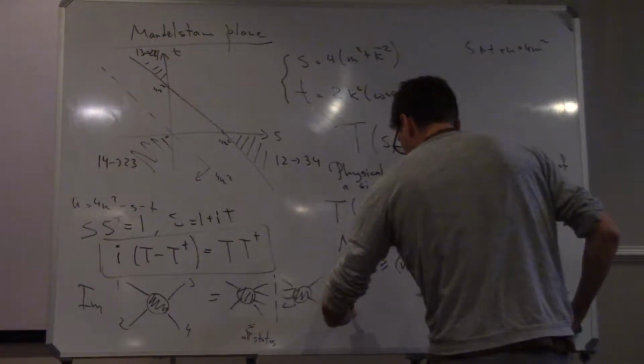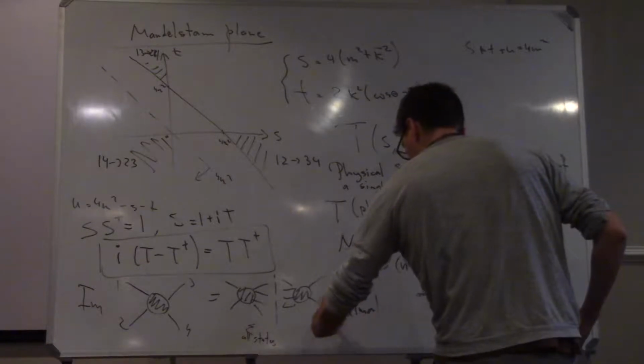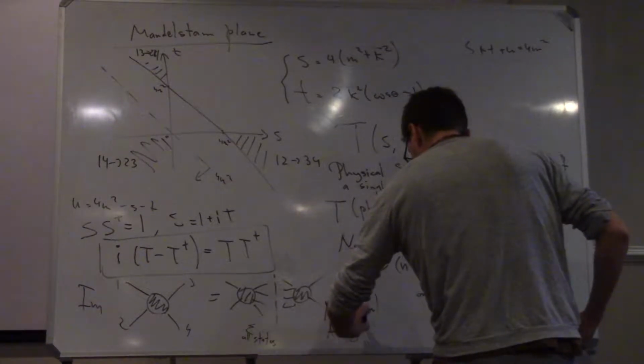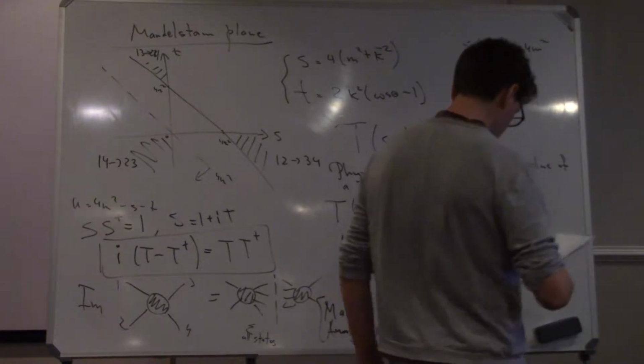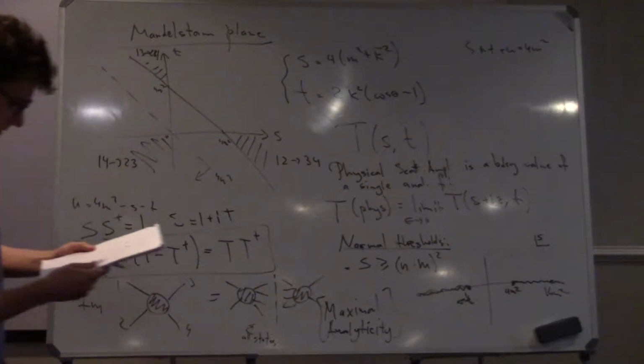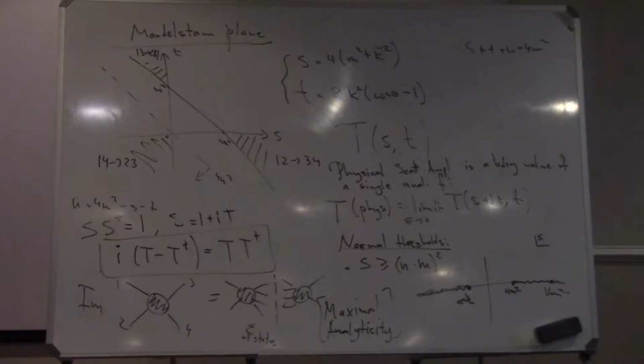So maximal analyticity tells you that the minimal singularities that are required by unitarity are all the singularities that are present.